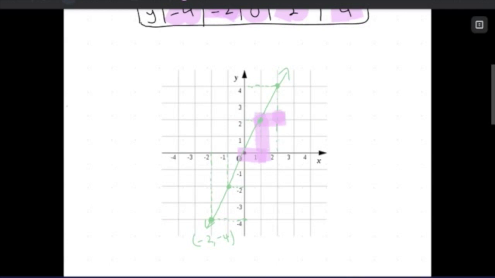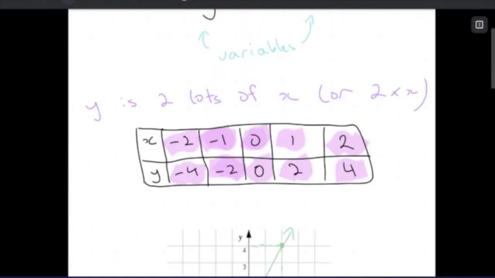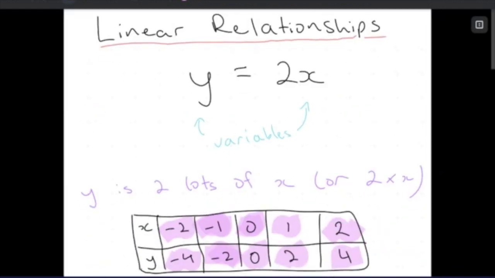When I go across 1 in the x, I go up 2 in the y, and so on and so forth. Now, in the next video, we're going to look at how this will change for different types of linear equations, these different types of 2 variable equations.